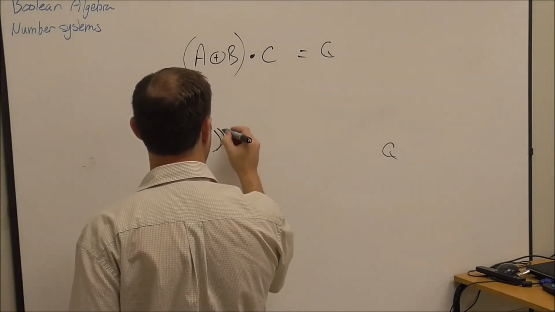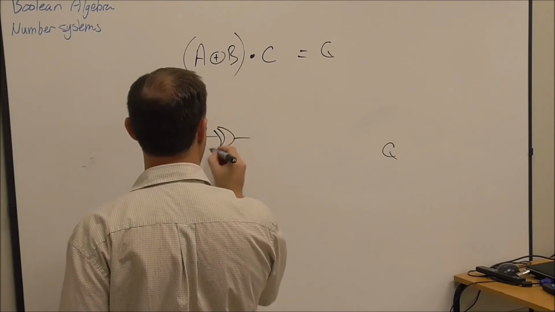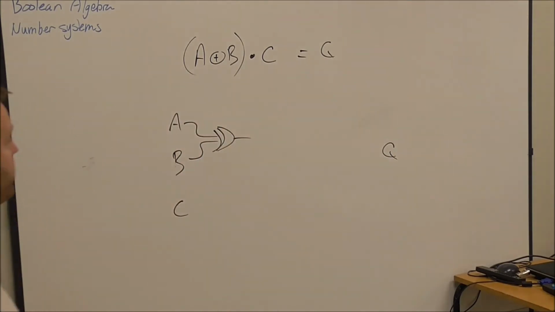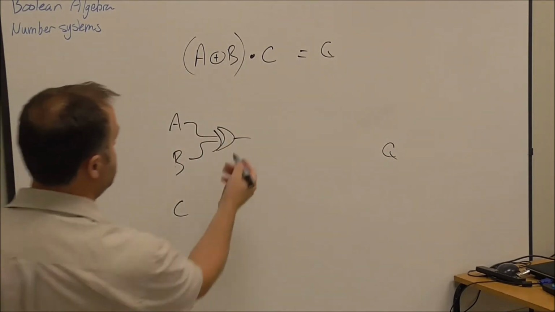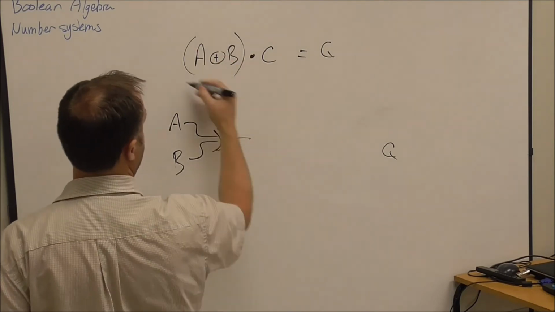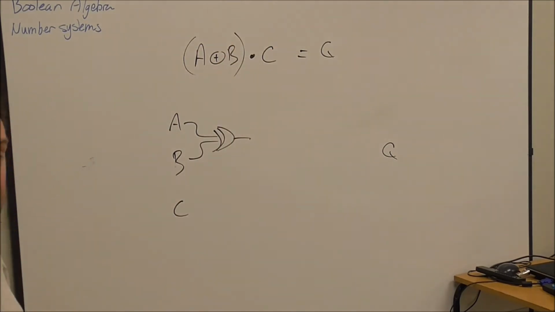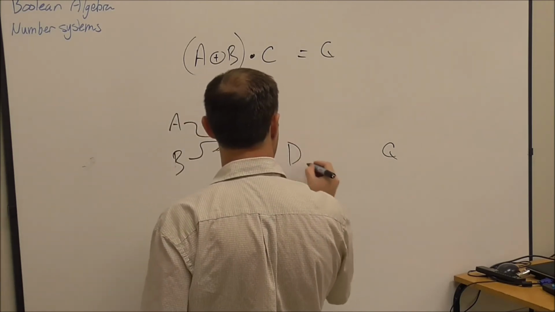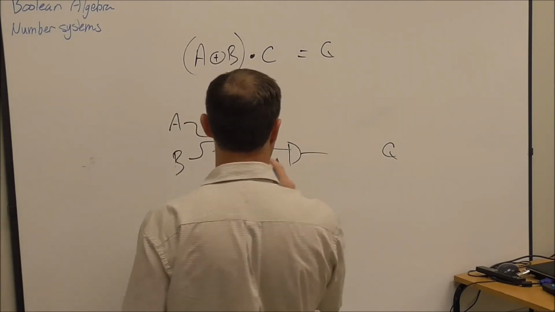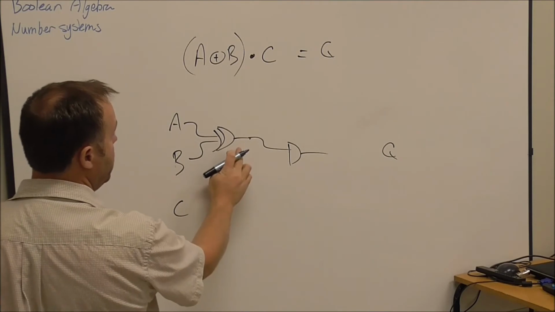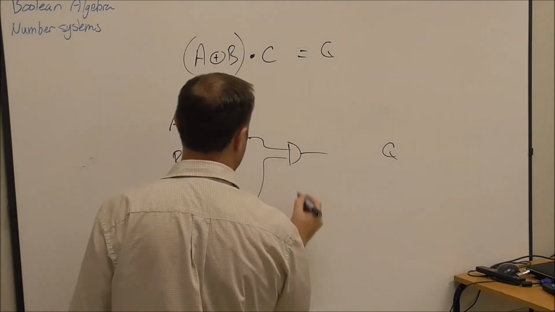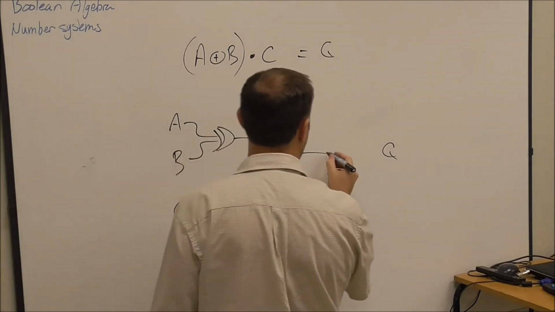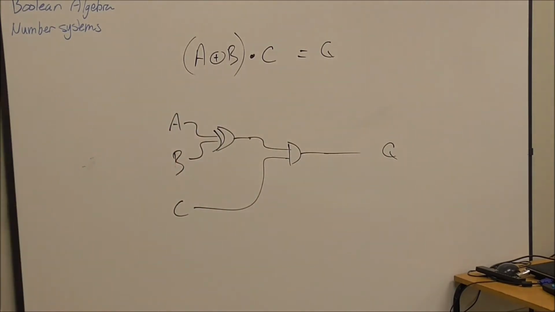Draw an XOR gate with A and B as the inputs. The output here would be whatever this whole bracket is, and that's being ANDed with C. So I draw an AND gate down to the right of that, with the output of the XOR gate being ANDed with my C. And there is my circuit diagram.